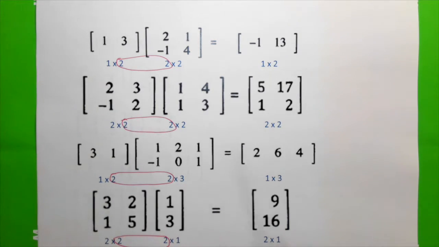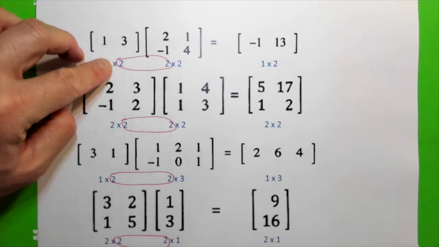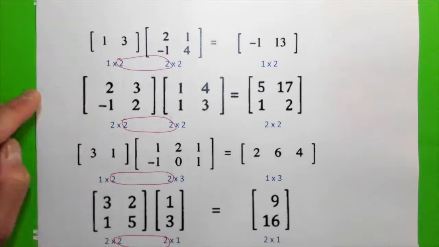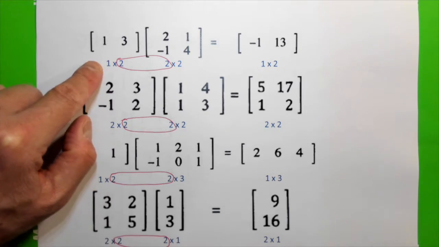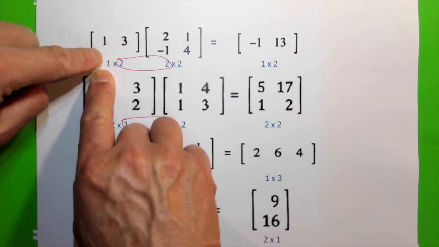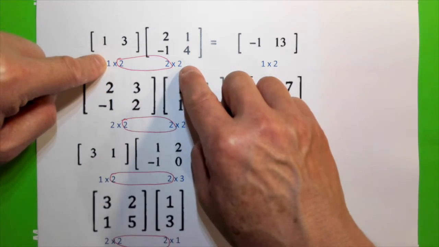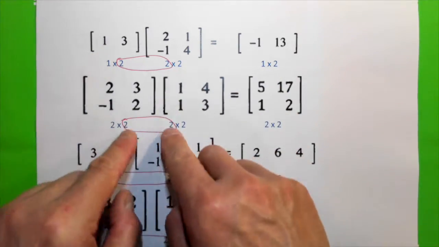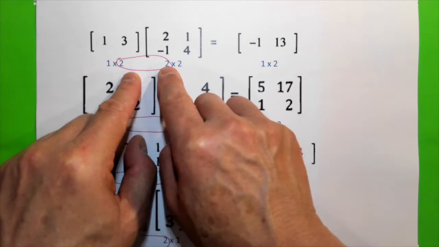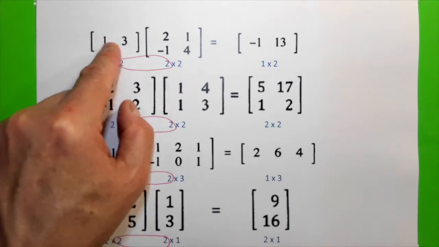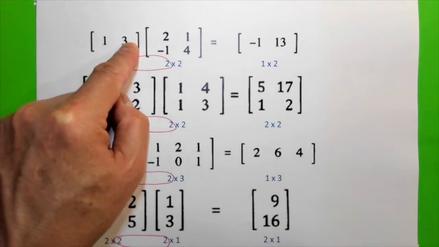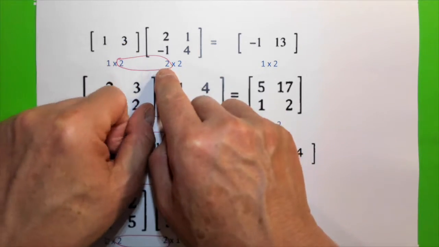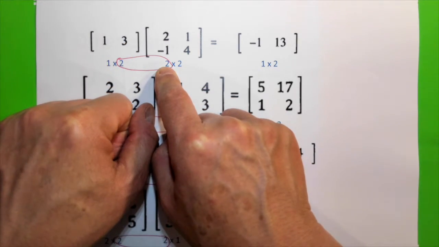When you check, if you know the dimension of one matrix and the other one, when you multiply it, it's actually the row number of the first and the column number of the second one. Now, look at that. It is telling me that the column number of the first matrix must be the same as the row number of the second matrix.